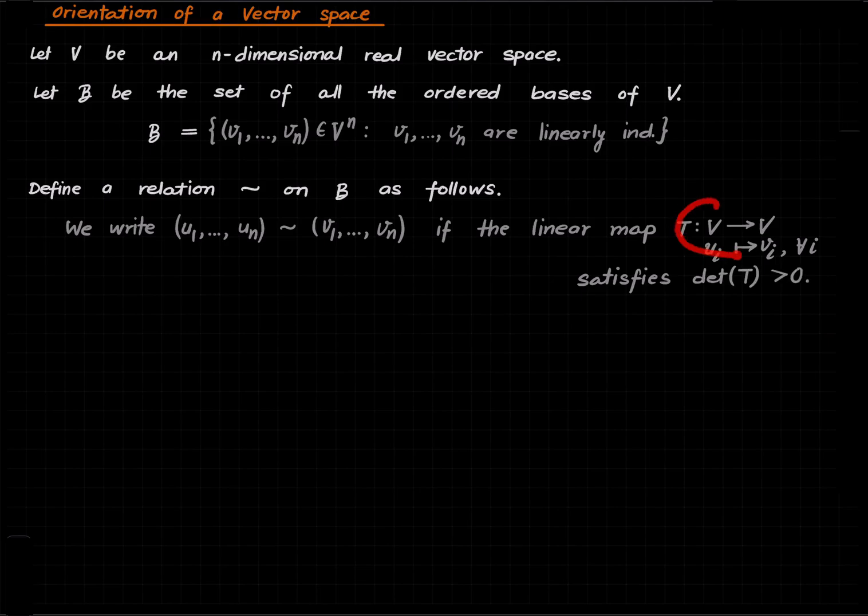Any such linear map will be invertible, so the determinant cannot be 0, and therefore the determinant would either be positive or negative. All right, so that's a relation.